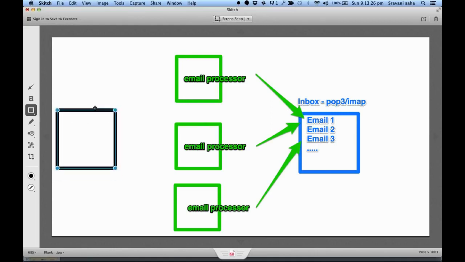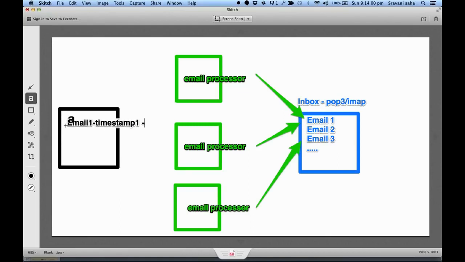All right. So basically, we'll have to use that central service which says things like email processor 1 is talking to, or you can say email 1 with timestamp something is under process.